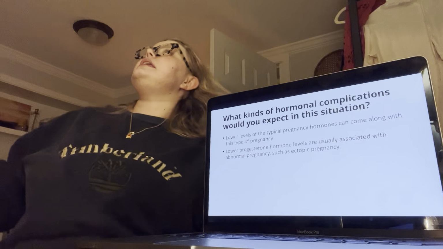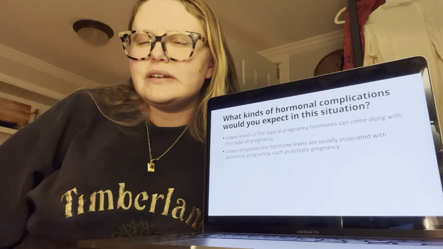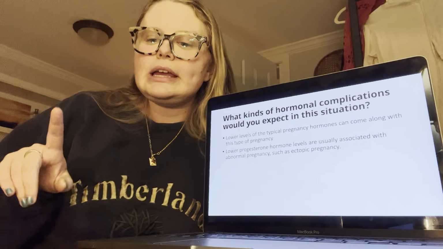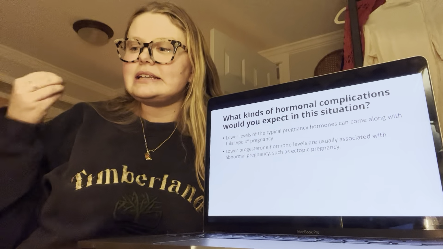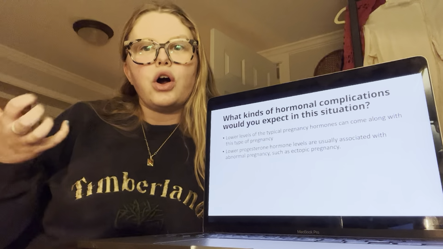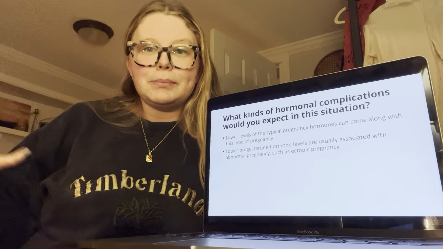So in the luteal phase of the hormonal reproductive cycle, usually estrogen and progesterone rise so that the uterus can grow strong and be ready to take on a fetus and help them grow.